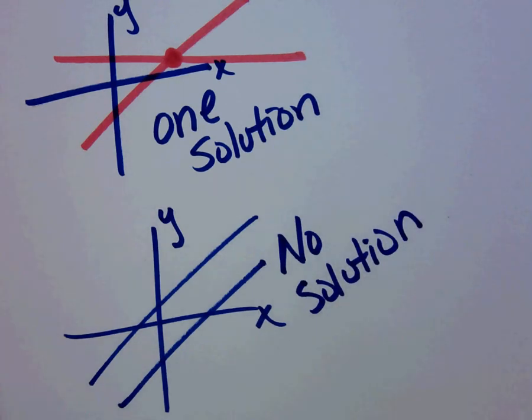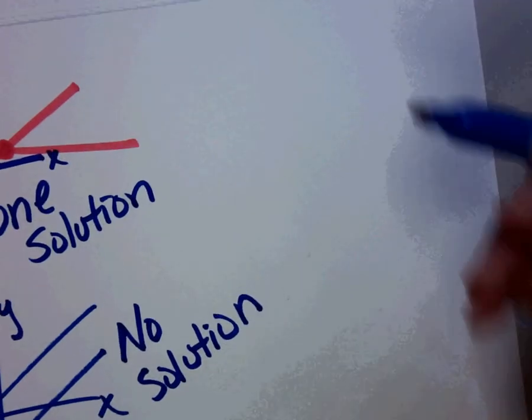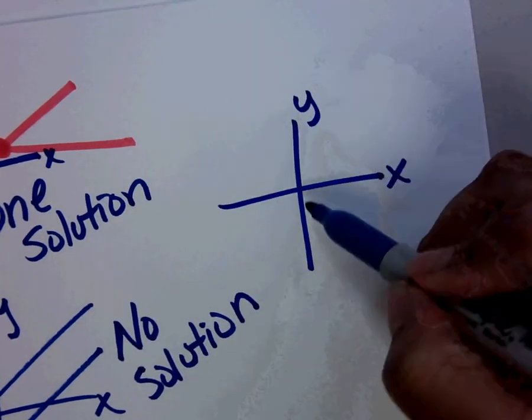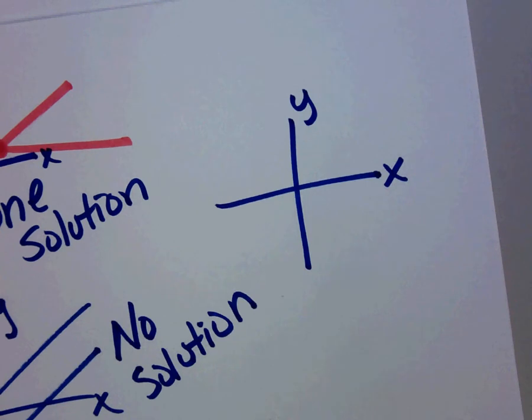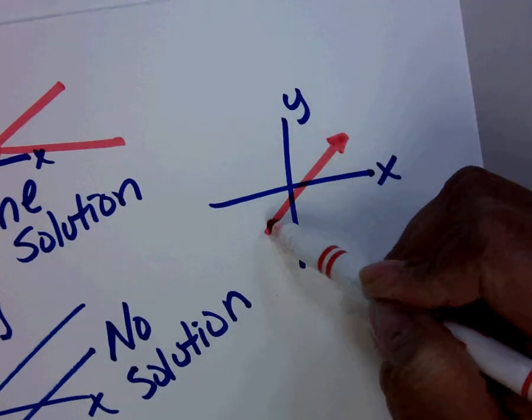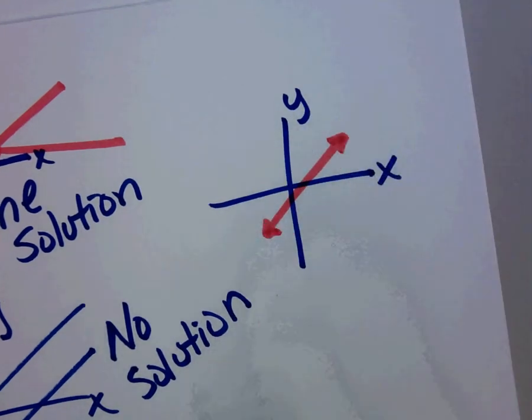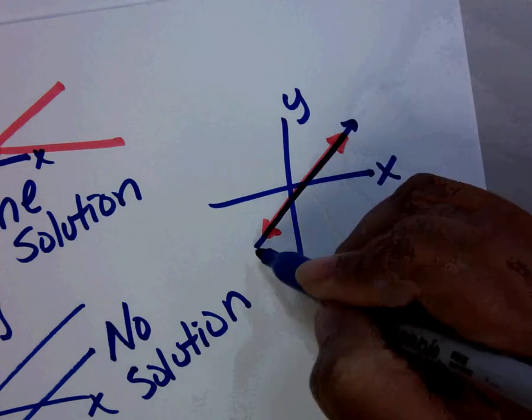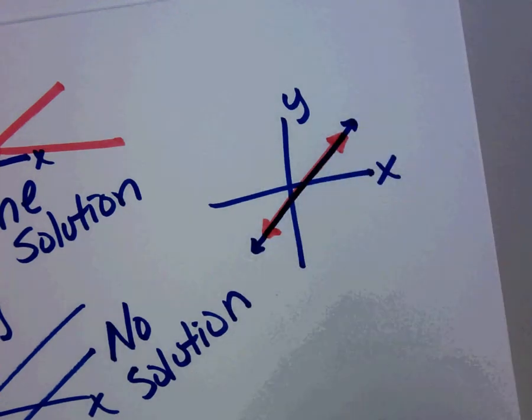So no solution. And then finally, when you graph one of the equations, and then you graph the other one, and it seems like, well, wait a minute, I'm graphing the same thing. It's on top of it, so really you're graphing one line, you're just graphing it twice.